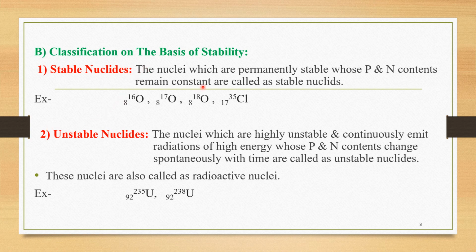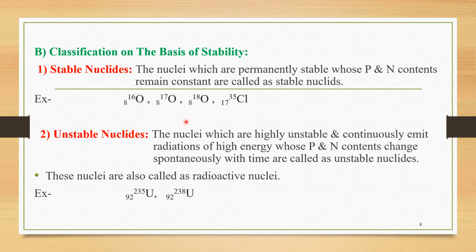The nuclei which are permanently stable, whose proton and neutron contents remain constant, are called the stable nuclides. Whenever stable nuclides are considered, they are permanent, or we can say that they are permanently stable, having constant proton neutron contents, and are called stable nuclei.